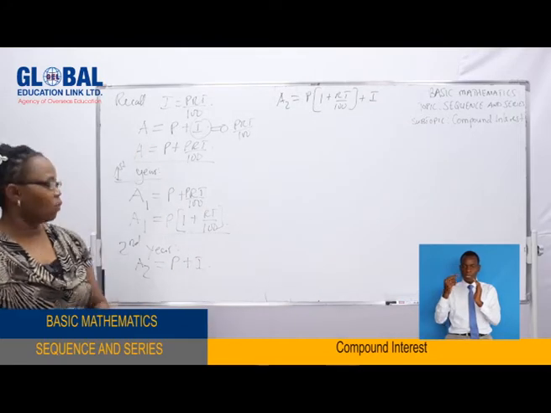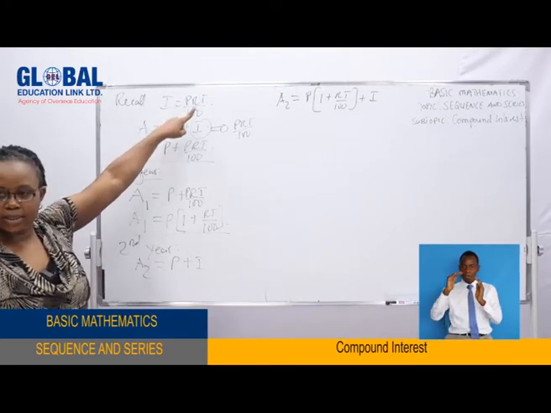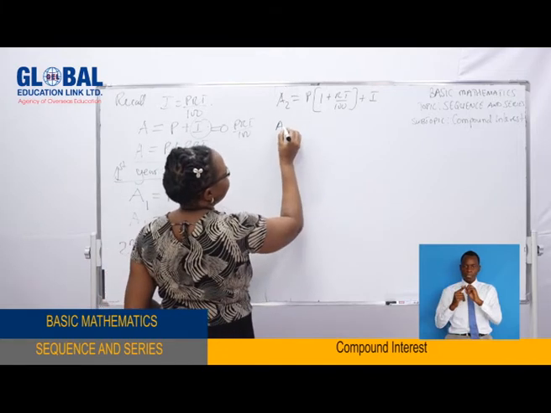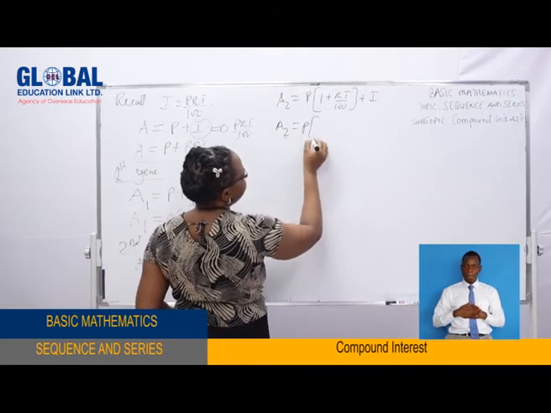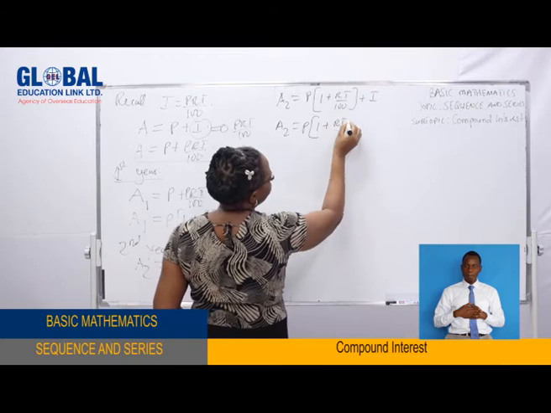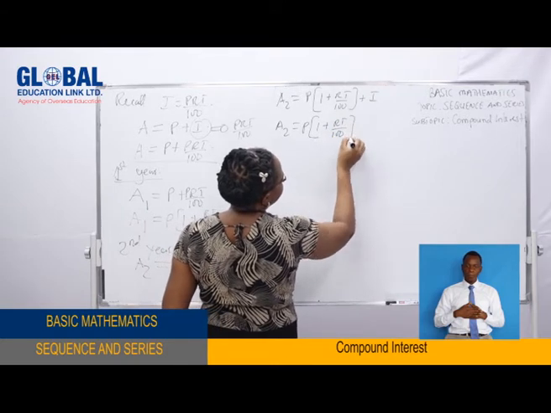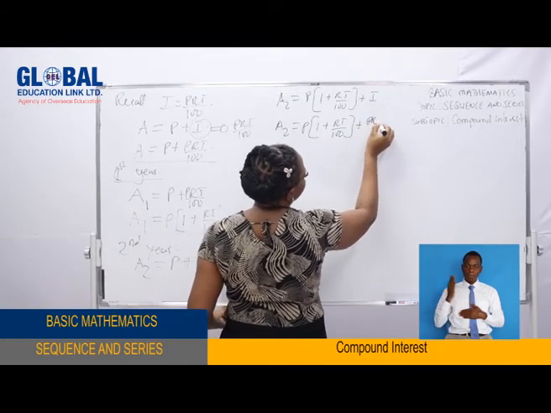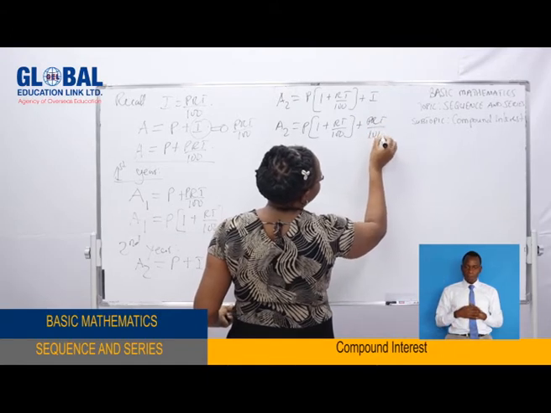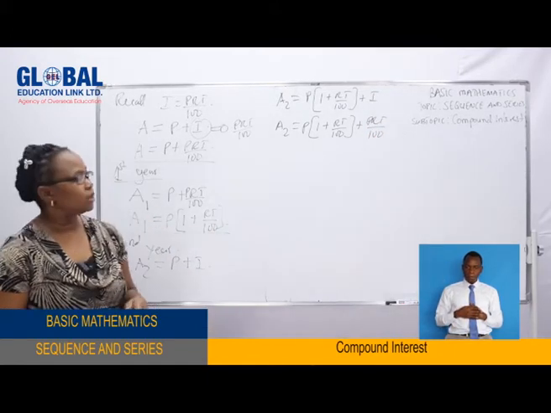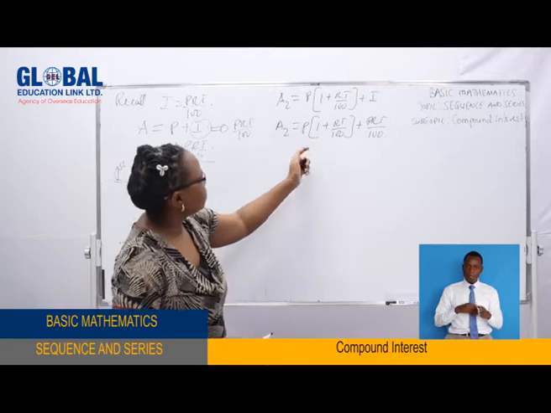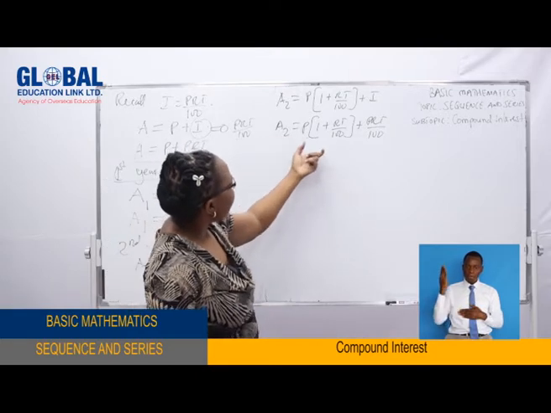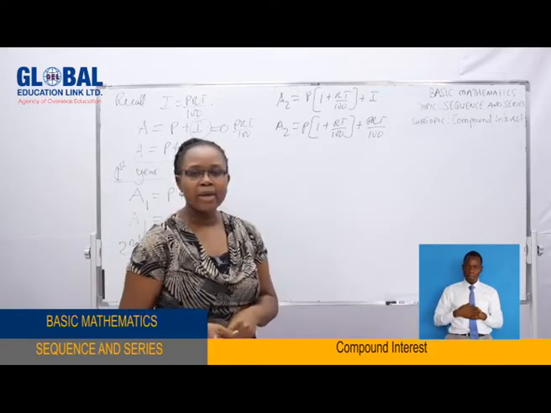But we also know what our I is. This is the interest. Then the amount in second year equals P(1 + RT/100) plus PRT/100. My dear students, after seeing this, this is the amount in the second year.